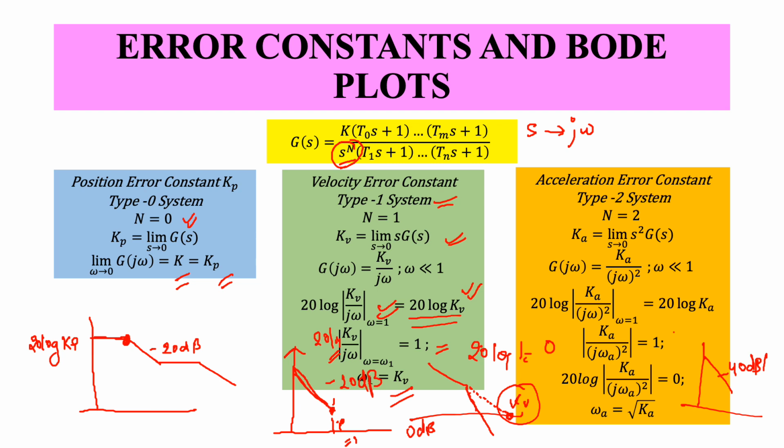Then maybe something else comes in, and the plot will become like this, or like this, anything. Wherever, I will do the same thing. When my omega equals 1, I will get 20 log Ka. If I get the value of 20 log Ka, I can calculate Ka. Similarly, another way is to put the magnitude equal to 1, where my plot cuts my 0 dB line.